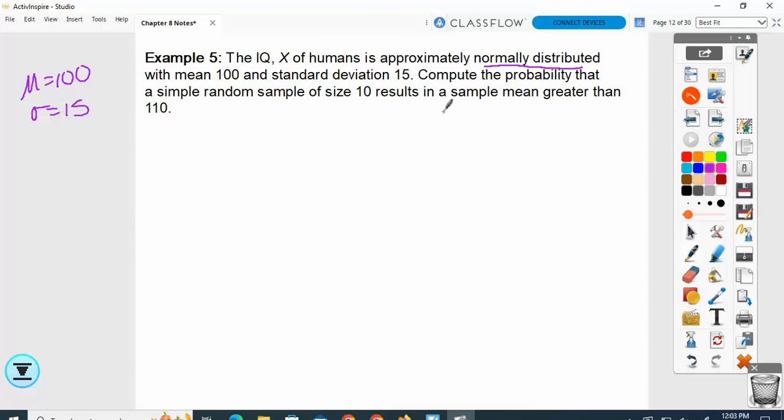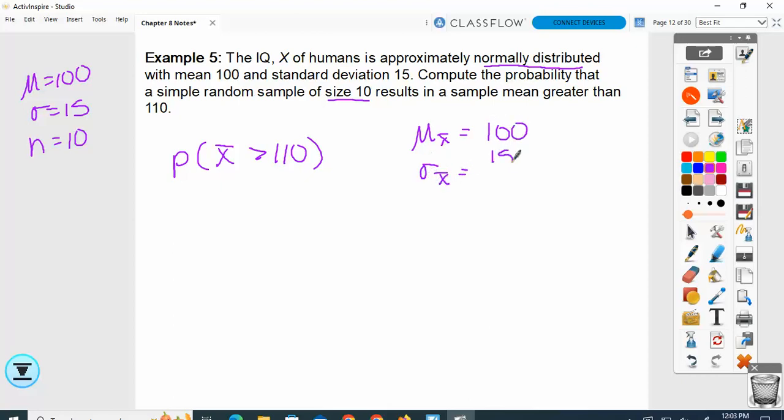I want to find the probability that a simple random sample of size 10, so that is my n, has a sample mean, x bar, greater than 110. What is the mean for x bar? Standard deviation for x bar is the population standard deviation divided by the square root of n.